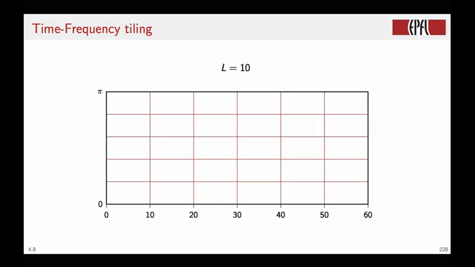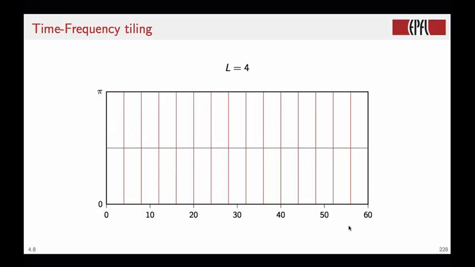If we change the size of the window, suppose we take L equal to 10, then we narrow the size of the tile in the time axis, but we widen the size of the tile in the frequency axis. So although the shape of the tiles changes, the number of tiles remains the same, because the area of each tile remains constant.